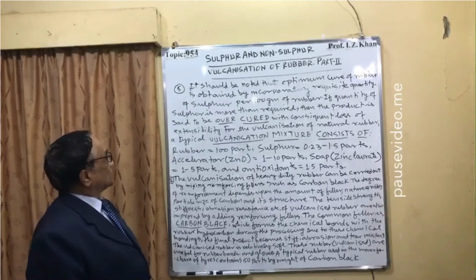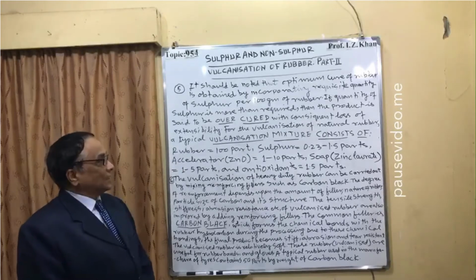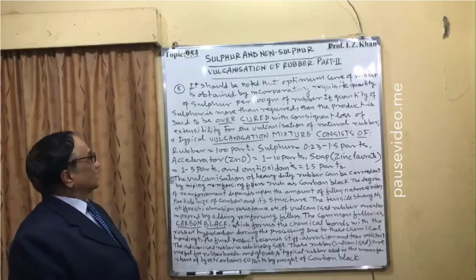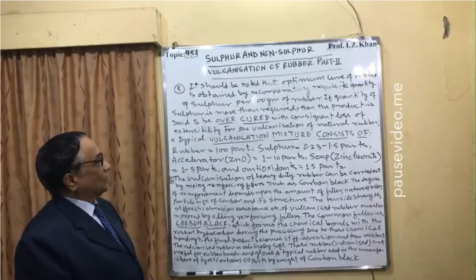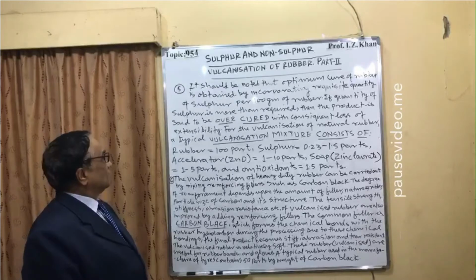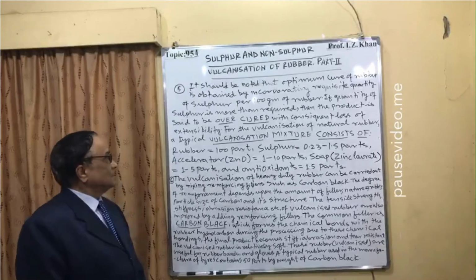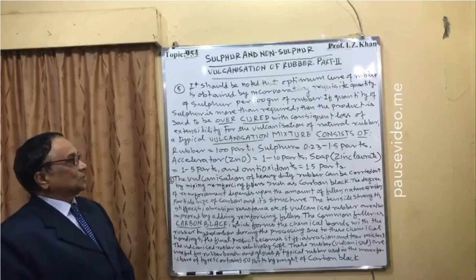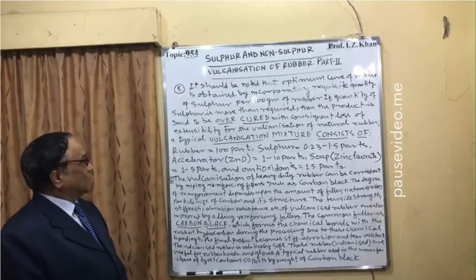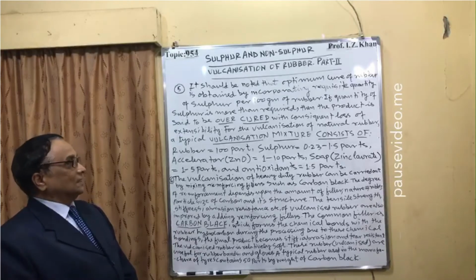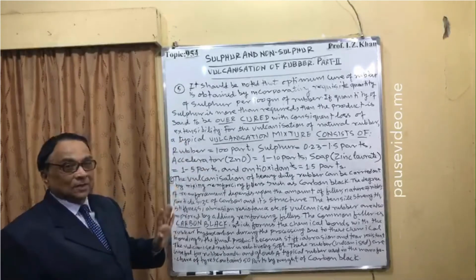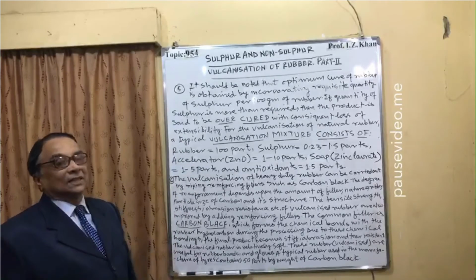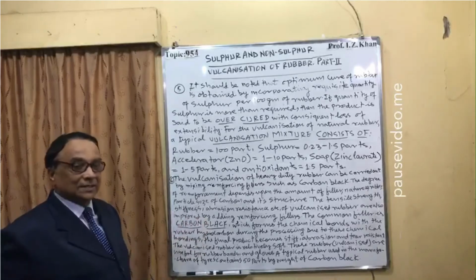If the quantity of sulfur is more than required, then the product is said to be over cured, with consequent loss of extensibility. For the vulcanization of natural rubber, a typical vulcanization mixture consists of, so once we are going to vulcanize a natural rubber, we are preparing a typical mixture, a ratio of all these substances.